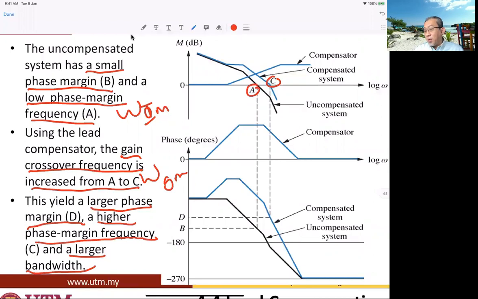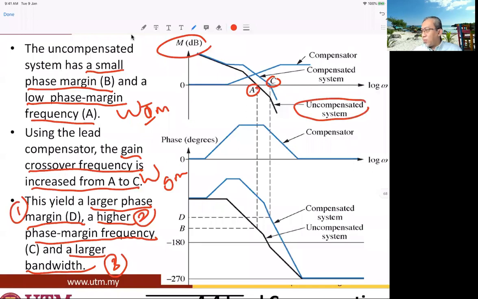So the impact is three things. One, you have a larger phase margin. Second, you have a higher phase margin frequency. Third, a larger bandwidth, the closed loop omega 3 dB. It is described by the graphics on my right. We have three graphs in the magnitude curve over here: one is the uncompensated, before design, then you have the compensator.